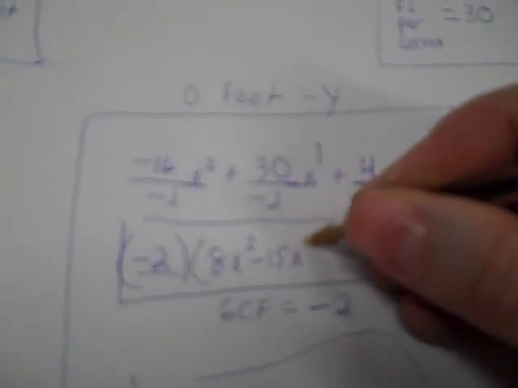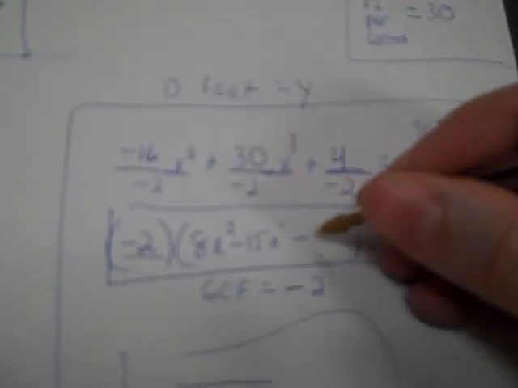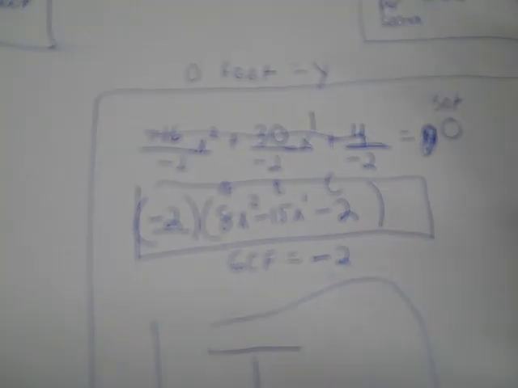I take positive 30 divided by -2, that's -15, so -15, x to the first. And then positive 4 divided by -2 is -2, so -2. Okay, now forget that. And then when I do my table, it's going to be with 8, 15, and 2.